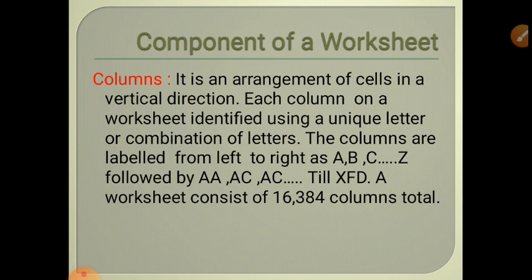And the same thing for column. A column is arranged from left to right. It is a vertical arrangement of cells. Each column on the worksheet is identified by a unique letter or combination of letters. It starts from A, B, C till Z. After Z it starts AA, AB, AC, like that, until the last column, XFD.